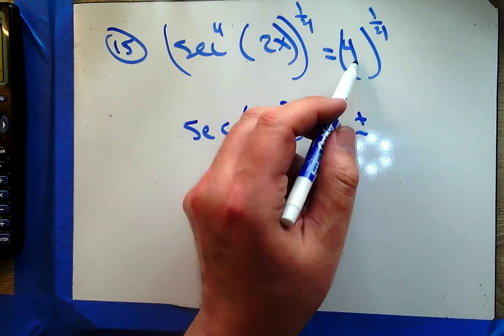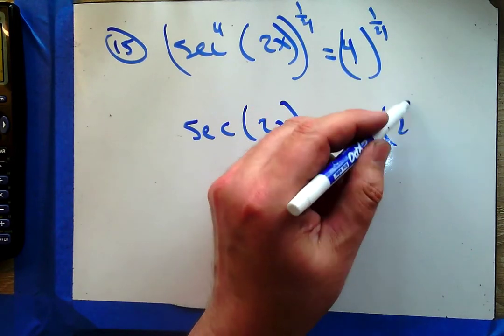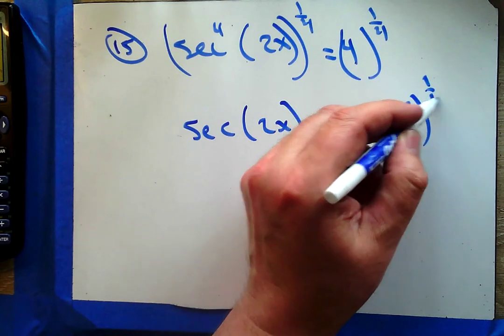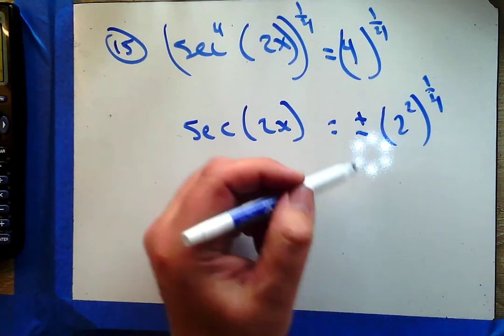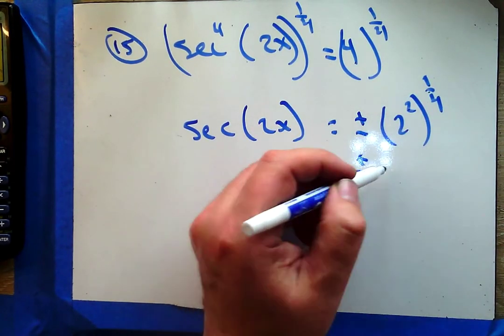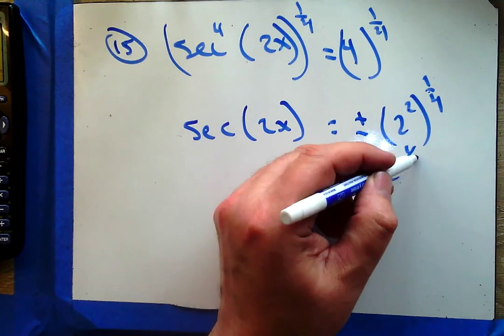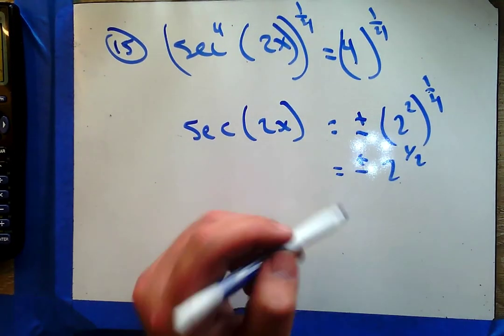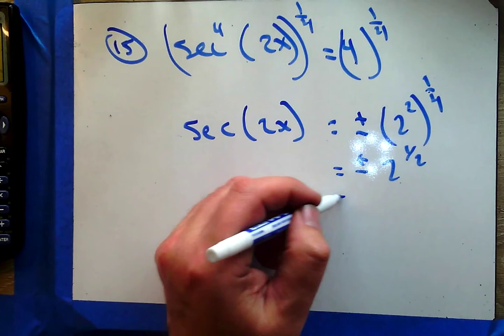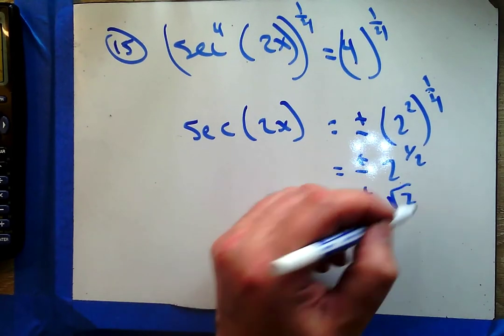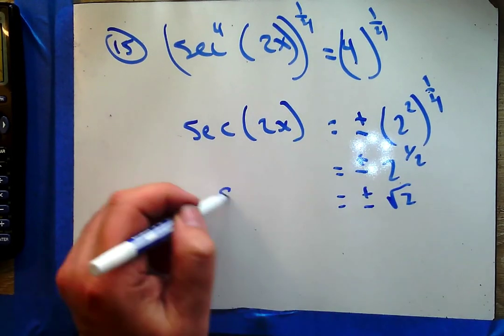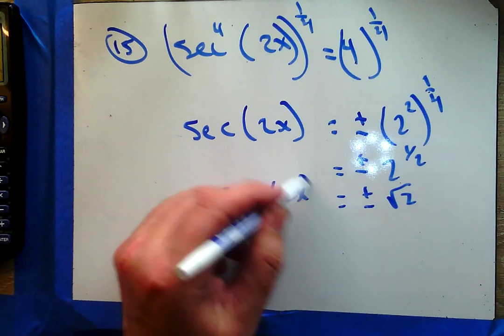I'd also probably rewrite this as 2 squared to the 1/4, and then raise a power to a power. So plus and minus 2 to the 1/2, okay? And the reason I wanted to do that, because that's plus and minus root 2. Okay, that's what secant 2x is.